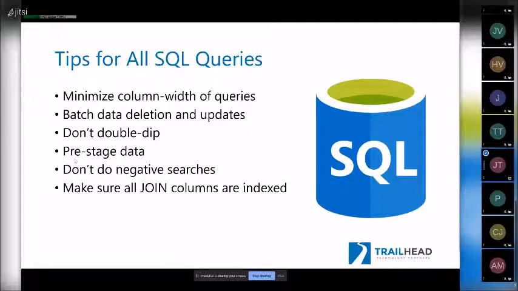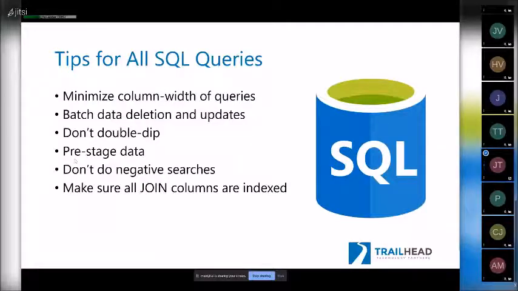Negative searches can be a real interesting performance problem. A lot of people don't realize this, but the way indexes work, if you say, give me all of the widgets where the inventory is greater than 1, if that column is indexed, it can be very quick to find that.